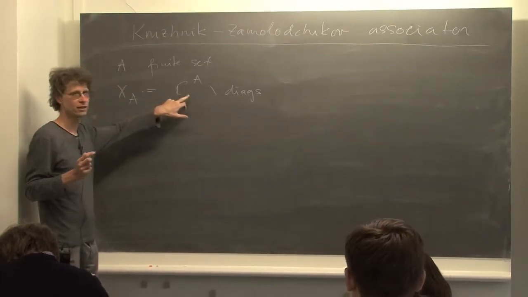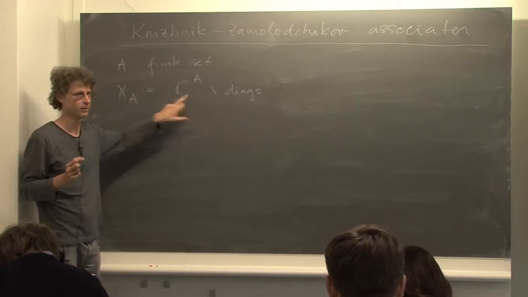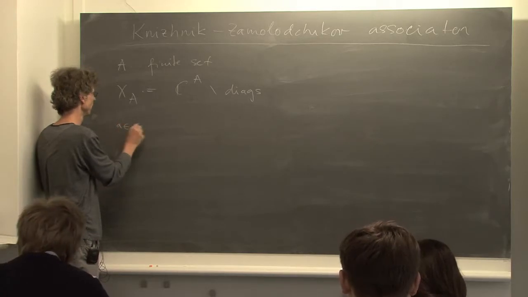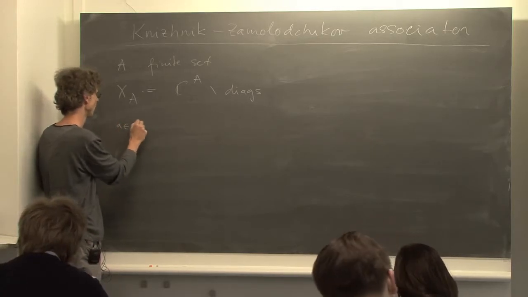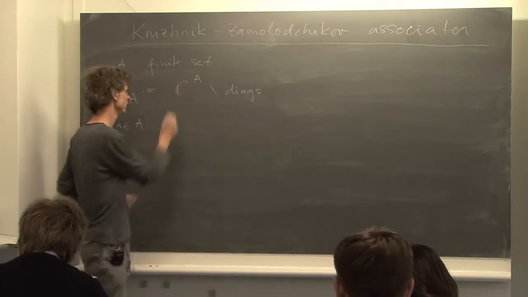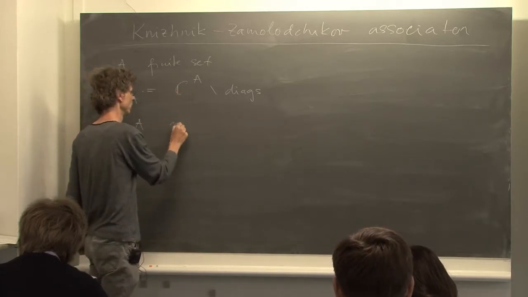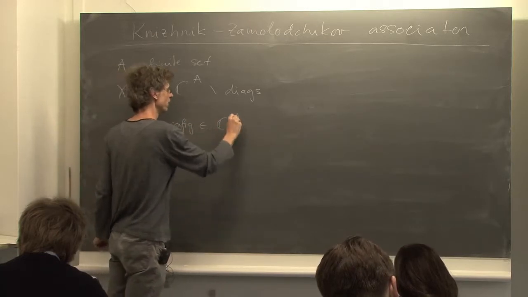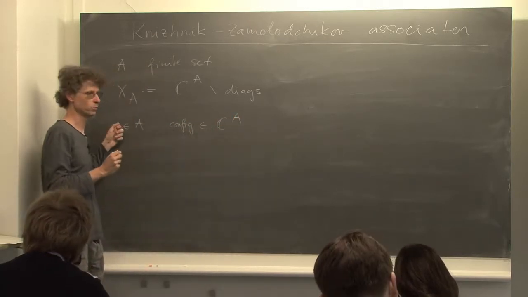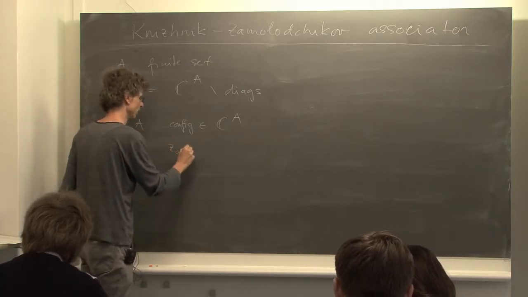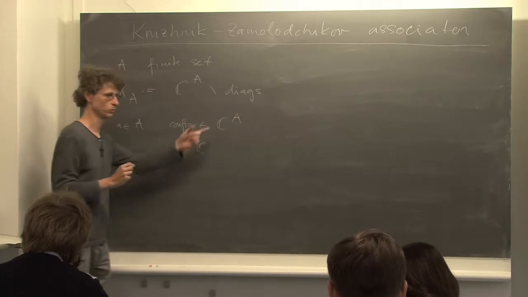Now on this space, there are some nice one forms. I'll be denoting the corresponding points. So say if a is in A, and we have some configuration in C^A, then the point corresponding to a will be denoted generally by z_a.